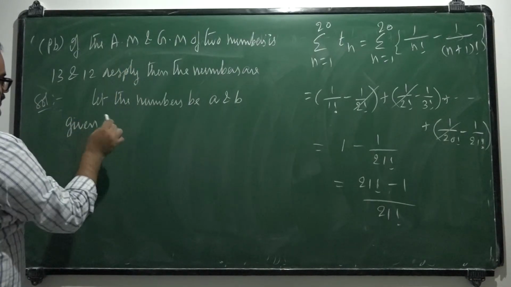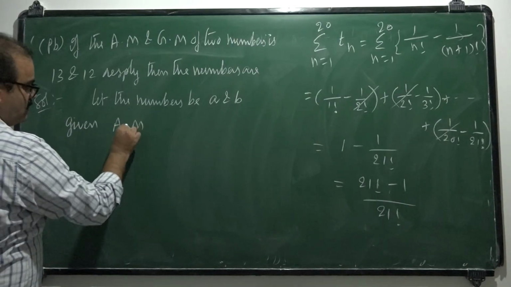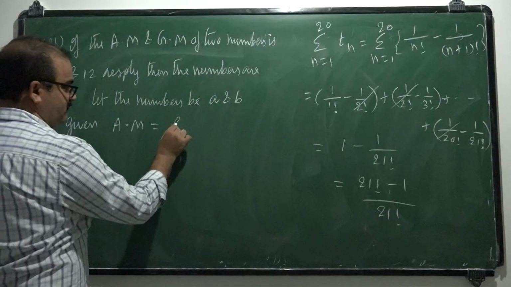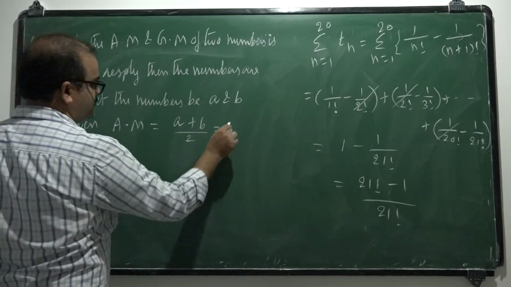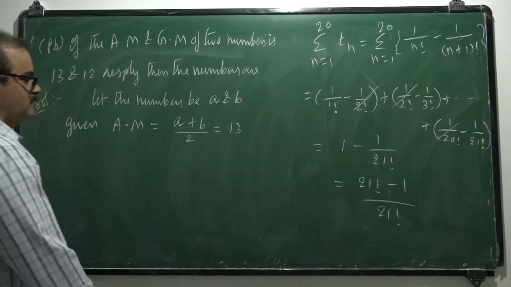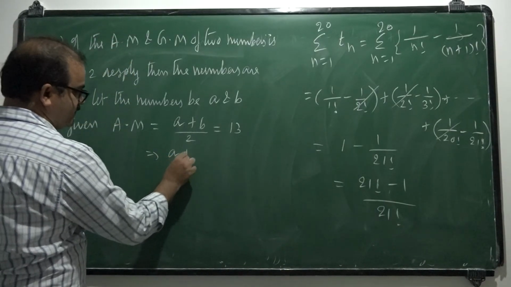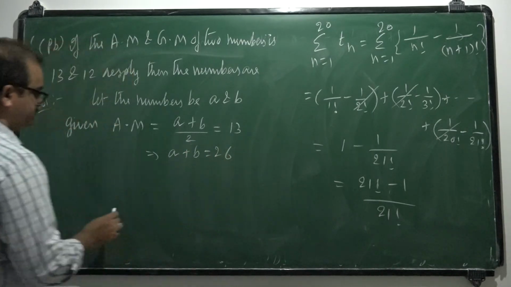Arithmetic mean is 13. Arithmetic mean of two numbers is sum of the numbers by 2, that is equal to 13. From this A plus B is equal to 13 into 2, 26.